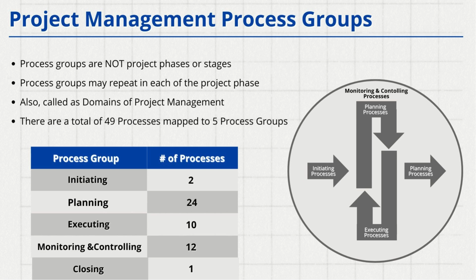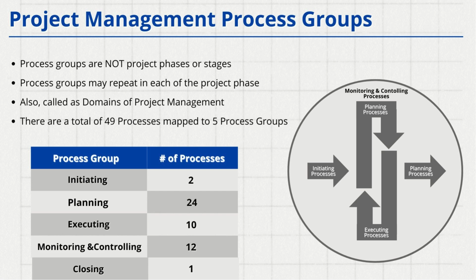These 5 process groups are part of the PMBOK guide. The process groups encompass approximately 49 processes, which are mapped accordingly. For example, initiating has 2 processes, planning has 24, executing has 10, monitoring and controlling has 12, and closing has only 1. One important point to remember is that these are not project phases.